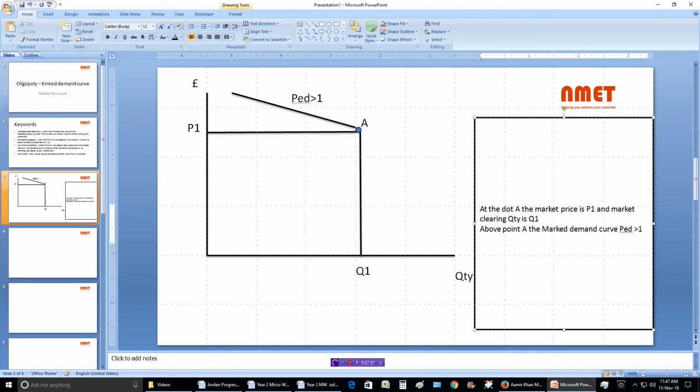Yeah. And then customers can actually switch to the firm. So there is nothing that's going to hold them. So the customer's priority is the price over here.